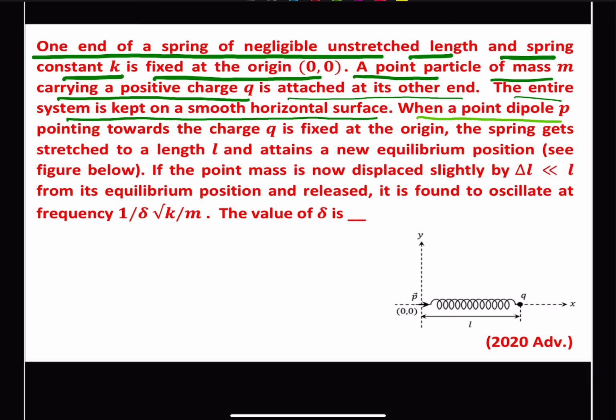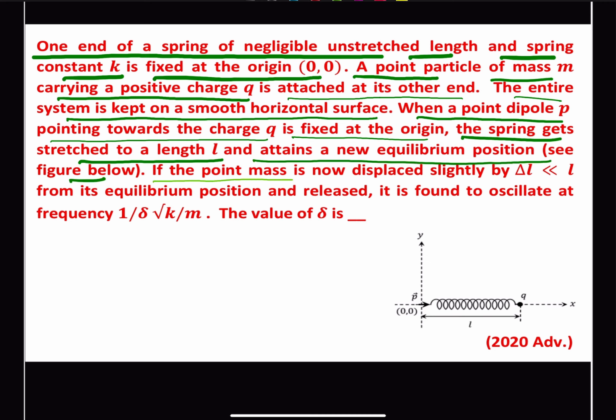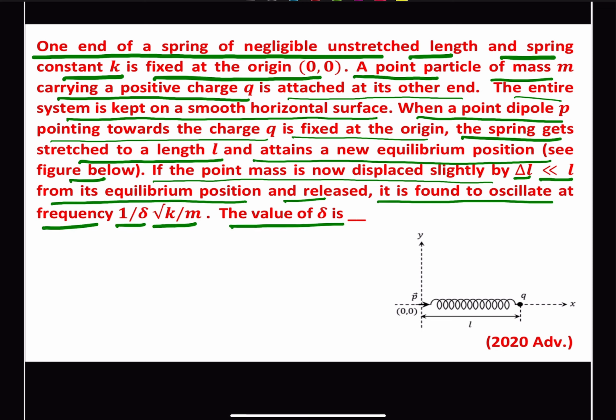When a point dipole P pointing towards the charge Q is fixed at the origin, the spring gets stretched to a length l and attains a new equilibrium position as shown in the figure. If the point mass is now displaced slightly by delta L, which is much smaller than L, from its equilibrium position and released, it is found to oscillate at a frequency of 1 upon delta square root of K divided by M. The value of delta is.